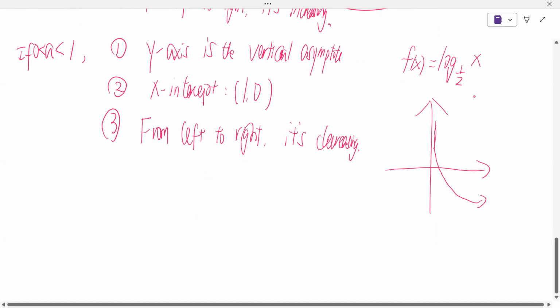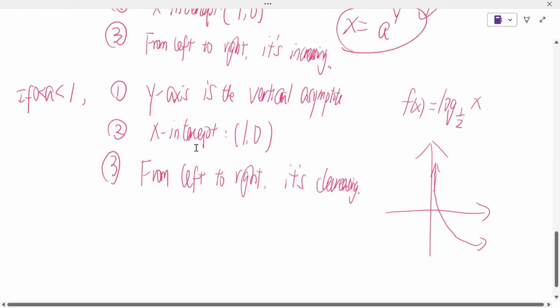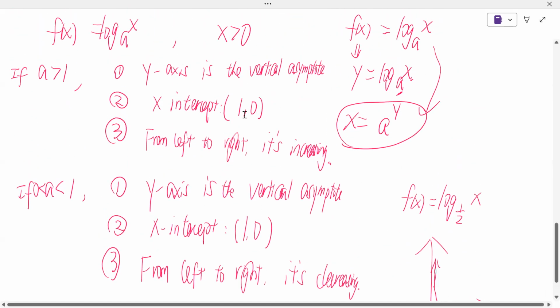Yep, something like that. Okay. From left to right is decreasing. So that's basically the basic property of the logarithm. So now let's get to the exercise, right? Let's go back to the exercise. Let's tackle some problems on logarithm.